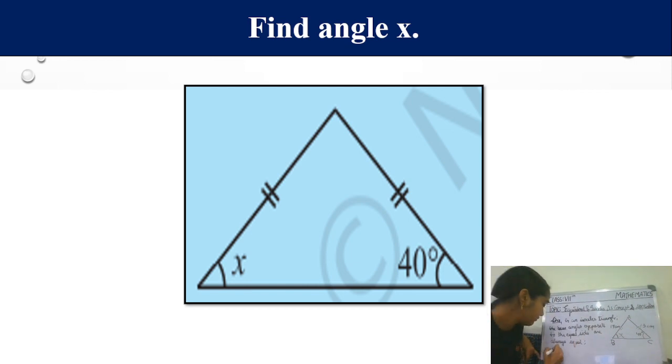Yes, so we can say that this x will be equal to the 40 degree.